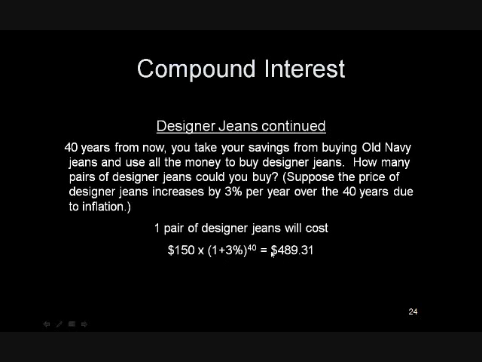So what you come up with is that one pair of designer jeans in 40 years is going to cost $489.31, so quite a bit more than it does today.